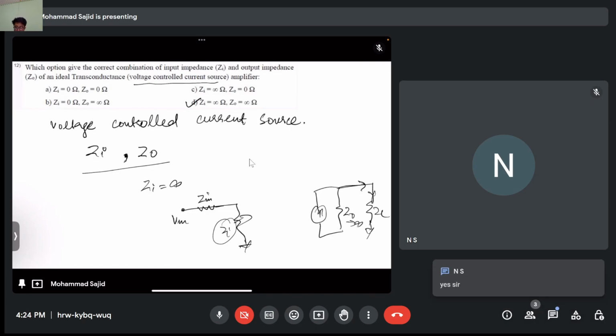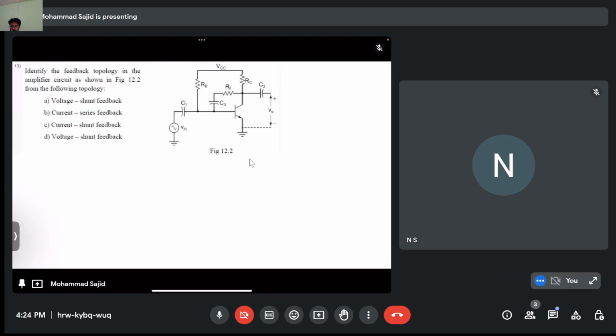Identify this now. What is the type of feedback topology? Give it 2 minutes and you will answer correctly.